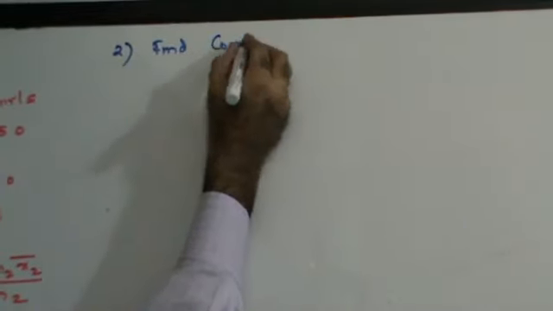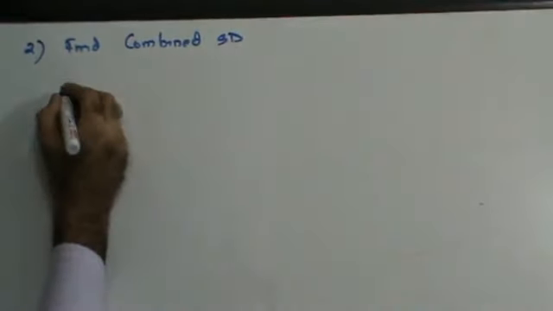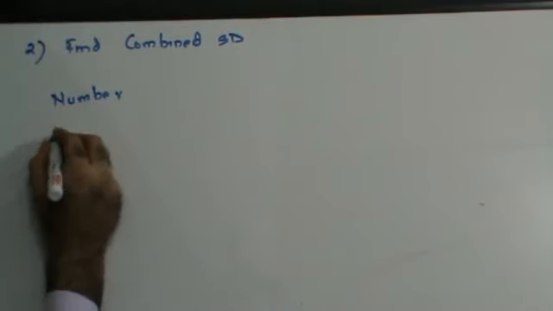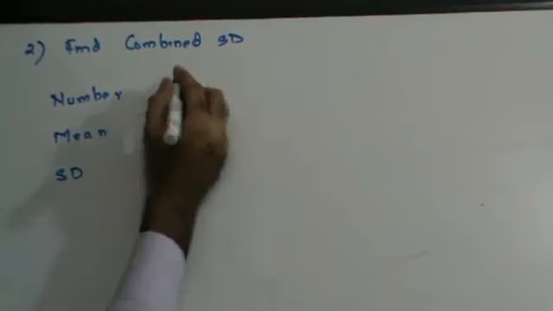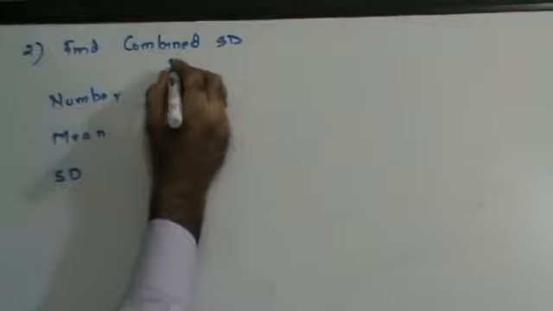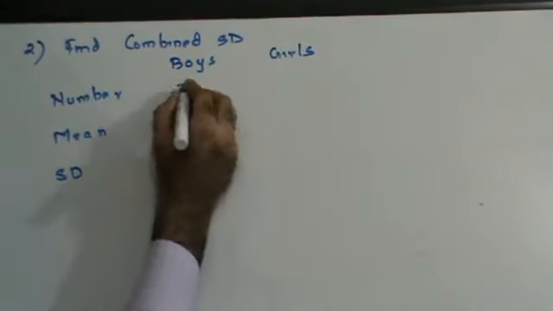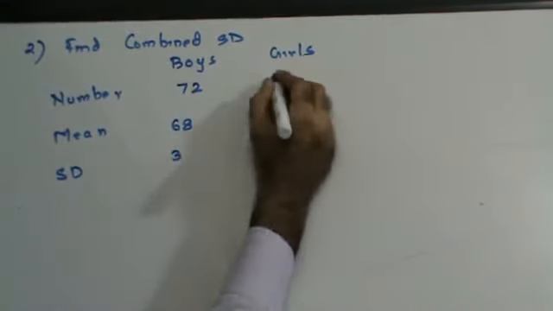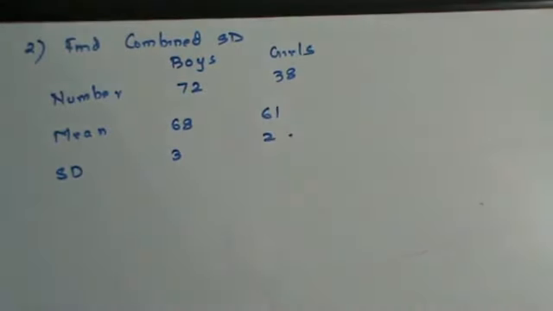Find combined standard deviation. Data is number, mean and standard deviation. Boys and girls. They give you the data as 72, 68 and 3, 38, 61 and 2, right?